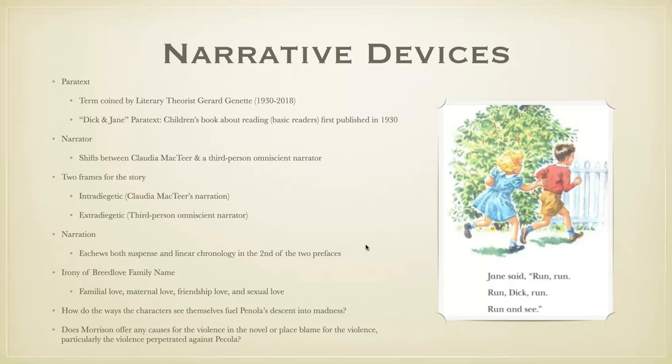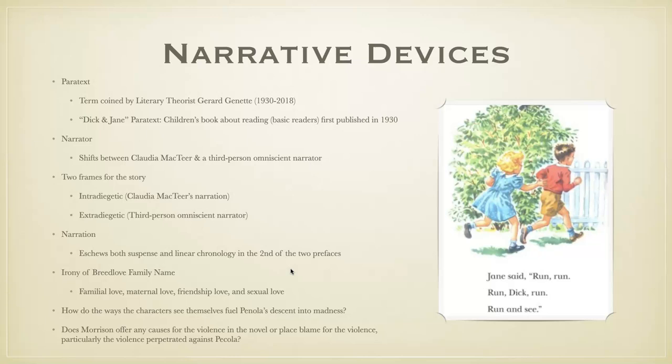And then in the second part, we get a really interesting thing happening in the second frame, where Morrison essentially eschews both suspense and linear chronology in this second part of the preface, because she begins chronologically with the ending.